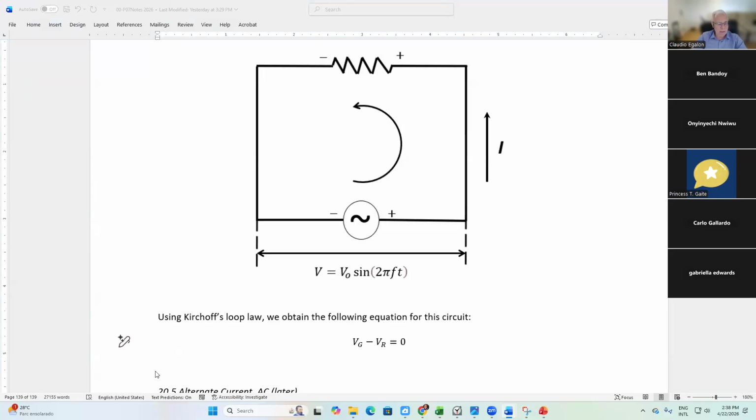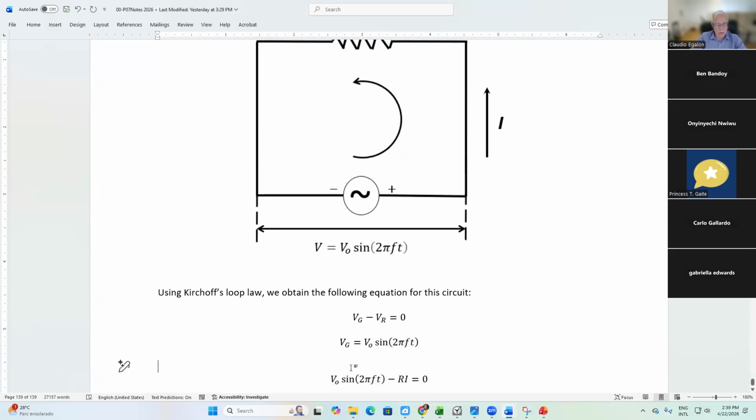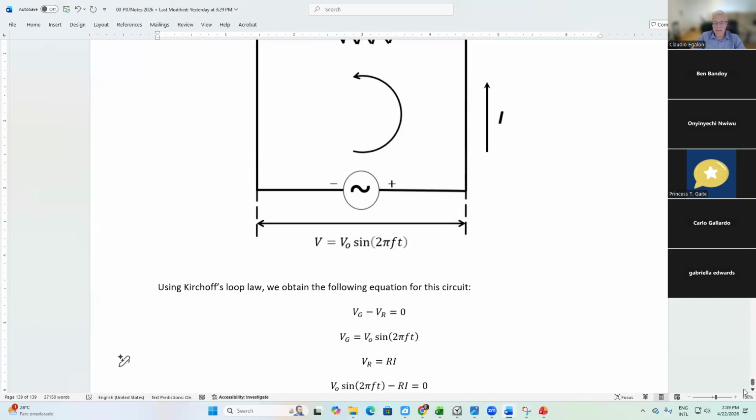But the VG of the generator, you already know, is going to be given by, here you go, I'm going to write it down. VG of the generator is equal to this term, VR of the resistor is equal to this term, Ohm's law.